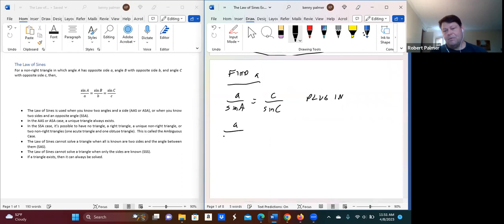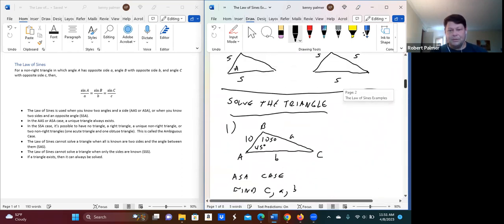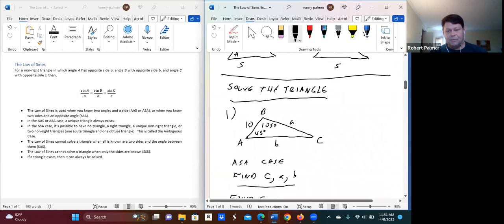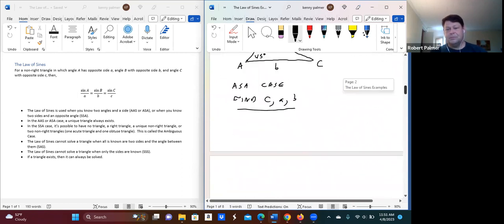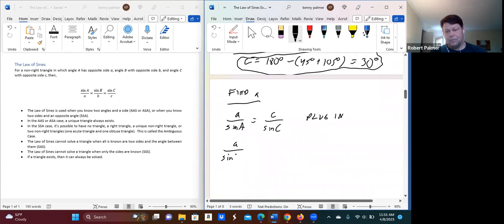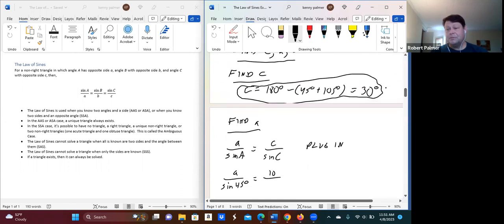So we have A over the sine of angle A, and angle A was 45 degrees, equals C, which is 10, over the sine of angle C, which we just found to be 30 degrees.